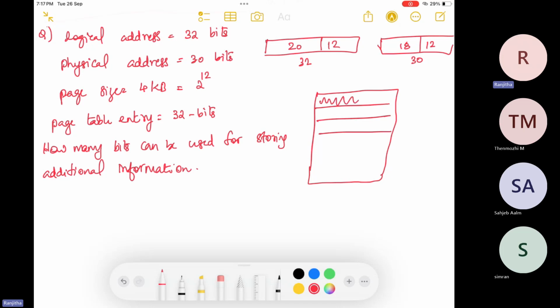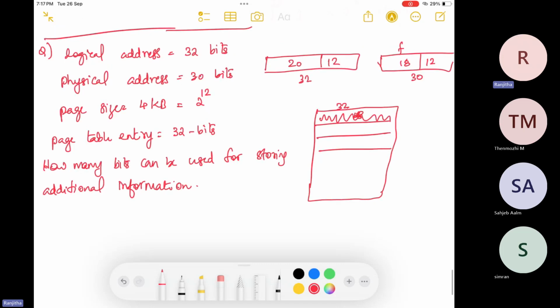The size of this entry is the same as the frame, the number of bits in the F. It is 18, which is what we have been seeing in all the examples, but here it is given that this is 32. But to address the frames, we actually need only 18, right?